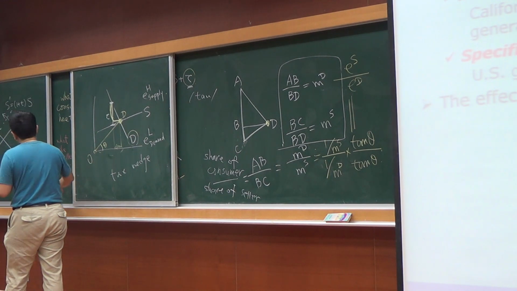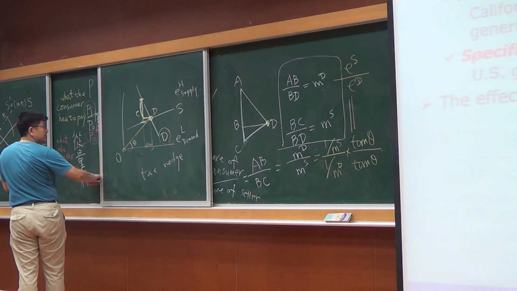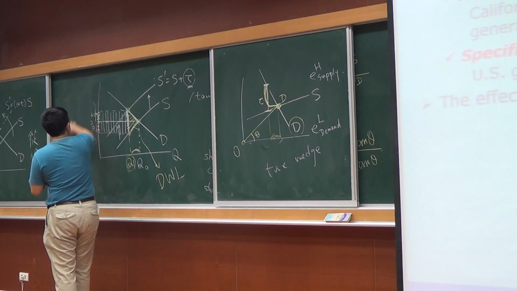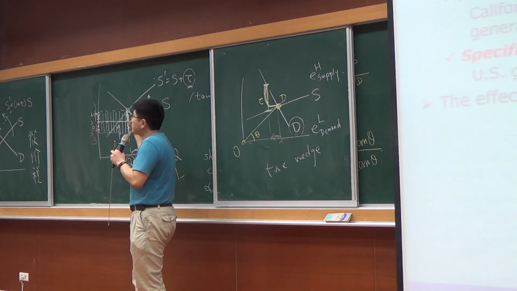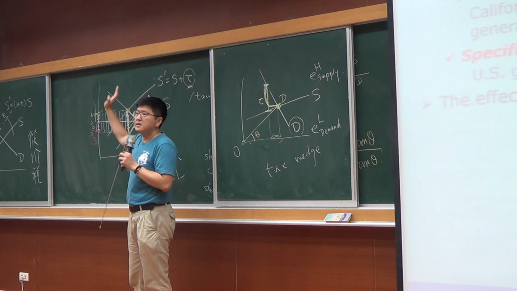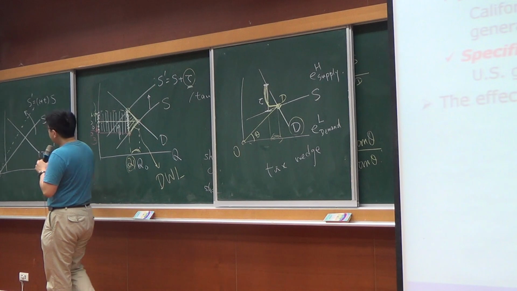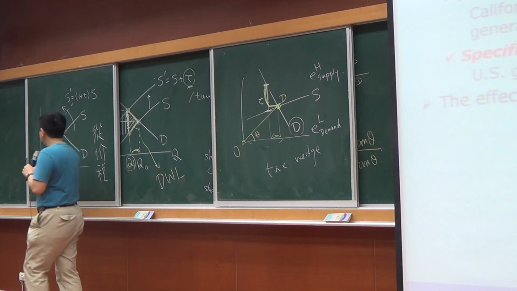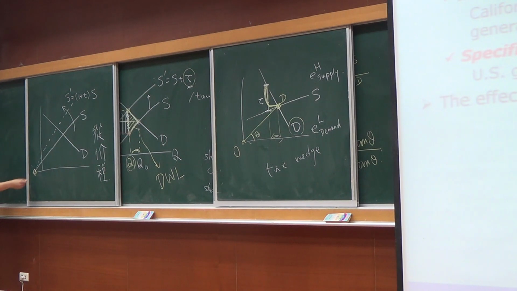But before that, I'd like to talk a little bit about the ad valorem tax. With a specific tax, the supply curve just shifts upward parallelly. But for ad valorem tax, the supply curve rotates, and the pivot here is the horizontal intercept.